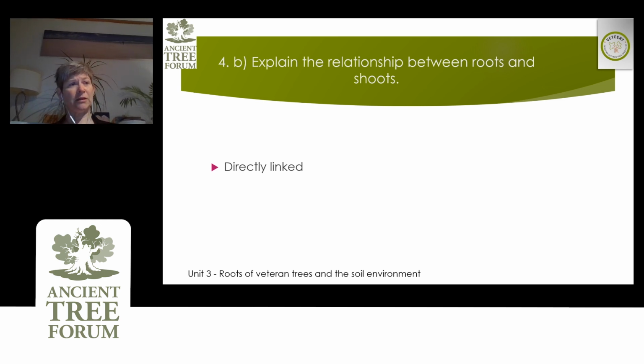That's up to us as vet cert specialists to think about and to convey that message, and that the signals, signs and symptoms that we might see in the crown may be related to what's going on in the roots, either poor water and nutrient uptake or even damage to the roots.